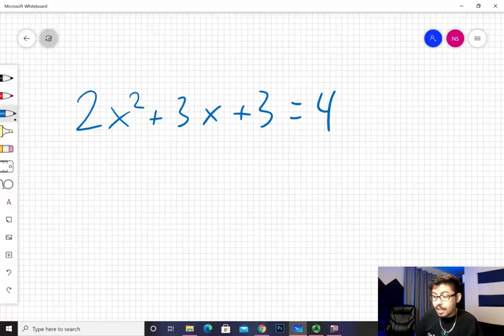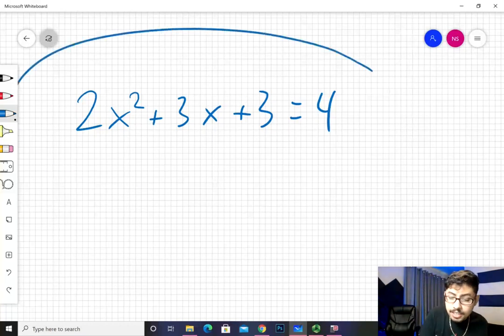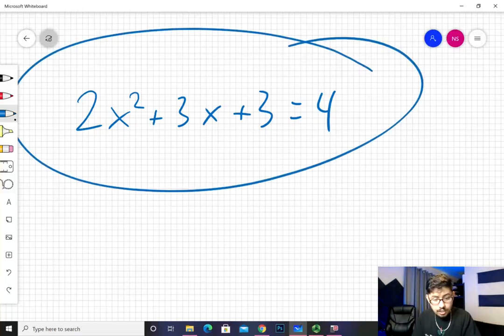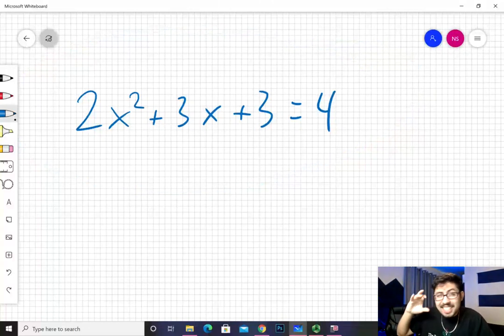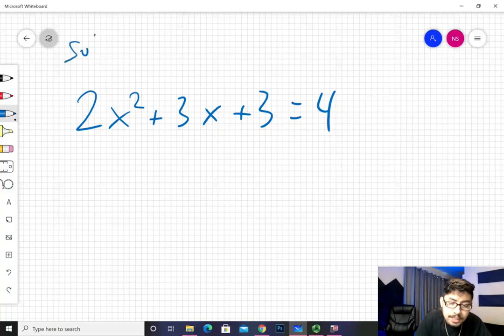I guarantee it. The thing is, when you're on the real test and you're chugging along, doing all the questions, and you're given a quadratic equation, with the stress and anxiety of the test and all this and all that, your brain is just going to have a brain fart moment, and you probably won't even notice that this is a quadratic equation. They'll ask you, solve for x, right?